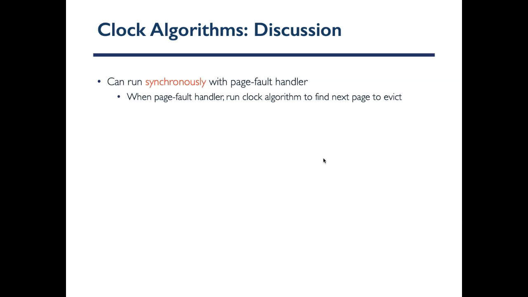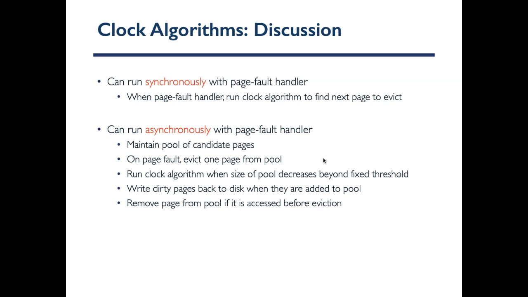Well, this is simple, but you're putting the clock algorithm in your critical path of finding the candidate. Another alternative is to just run the clock algorithm asynchronously in the background.